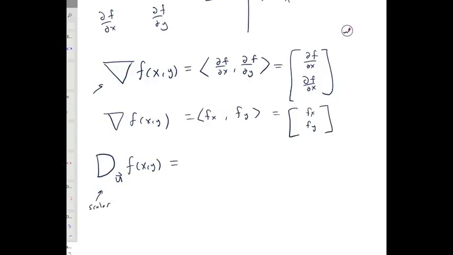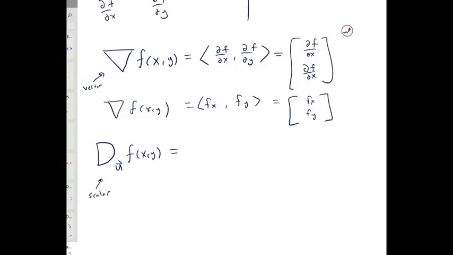So this is a vector, and D, this is just the operator right here. This u is going to be a unit vector in the direction we're going in.